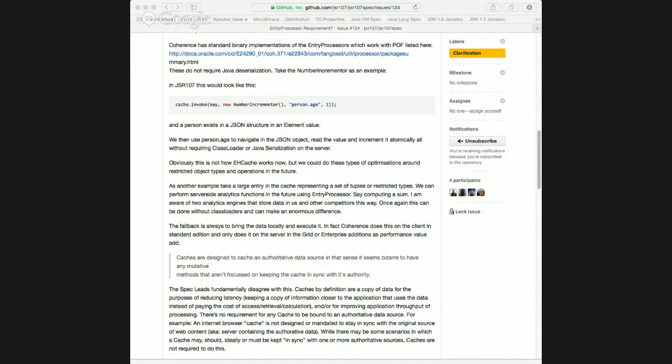My strong opinion is that JCache 2 should be focused on closing the existing holes in the one spec around 107 being for a key value cache. But it seems like a lot of the other people in the community are interested in pushing it in the direction of a cache being an operational store, which I think is a very different thing.